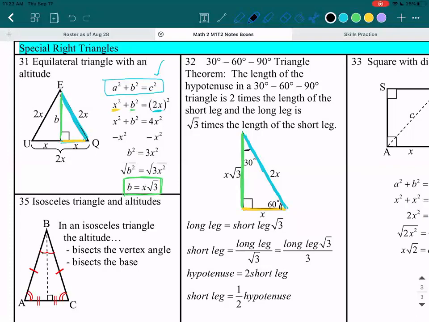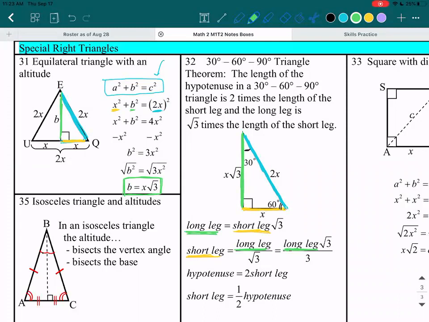So the long leg, that's the green one, is equal to the short leg times radical 3. The short leg, you can use these formulas to help you solve for it, is equal to the long leg divided by radical 3, which is also the same thing as the long leg times radical 3 over 3.